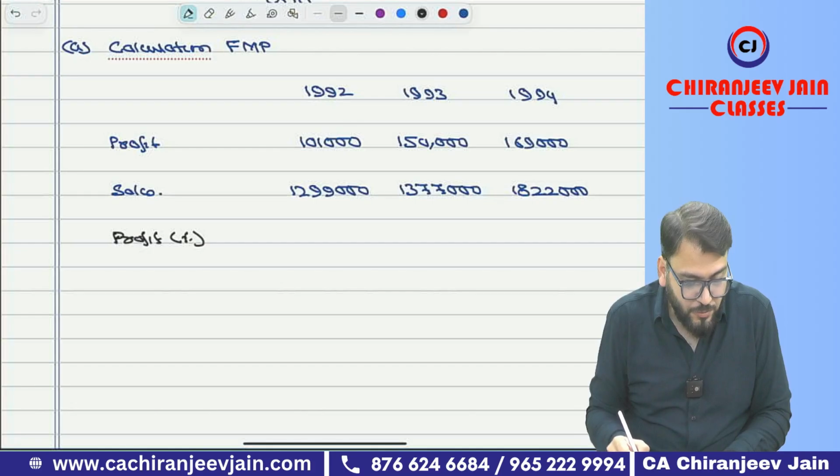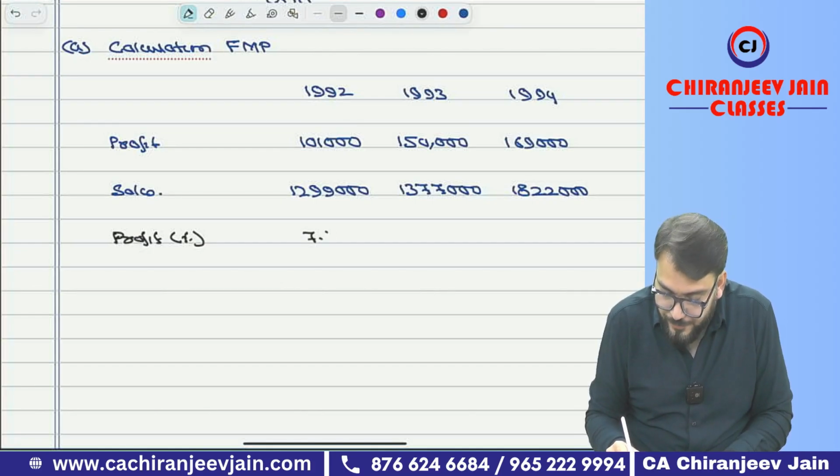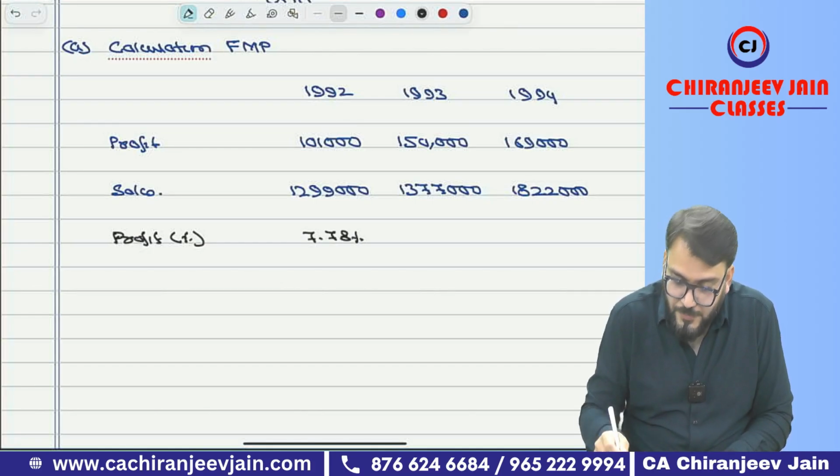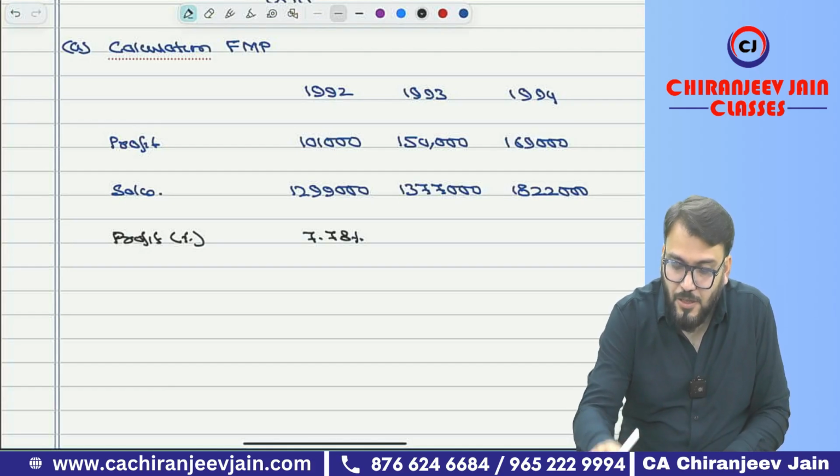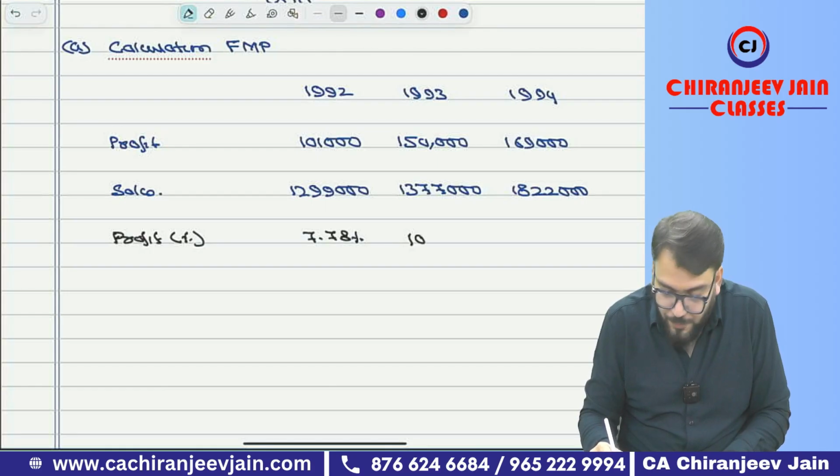It is equal to 7.78%. Then 1 lakh 50,000 divided by 13 lakh 77,000 will be equal to 10.89%.